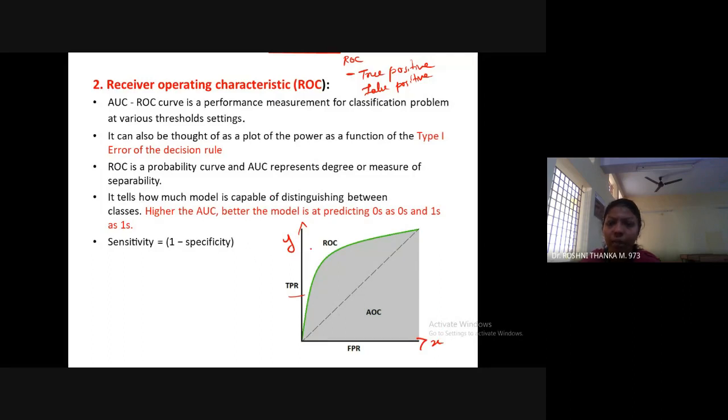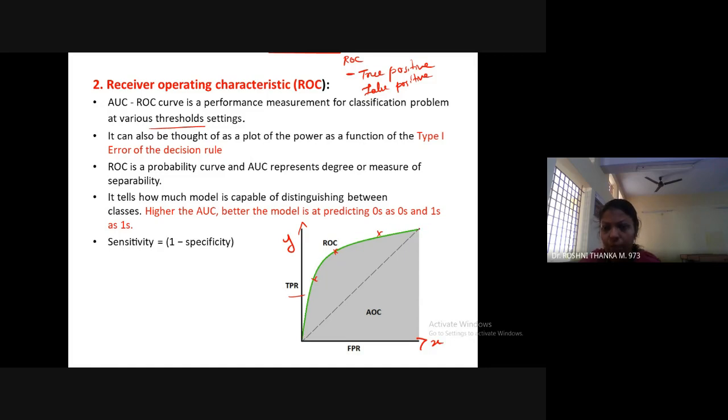The important parameter we consider to get this graph is the threshold. We have to select different threshold values, and for each threshold value find the true positive rate and false positive rate, plot those values here, and join all of them into a curve.